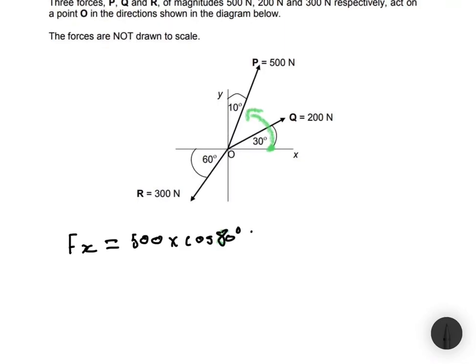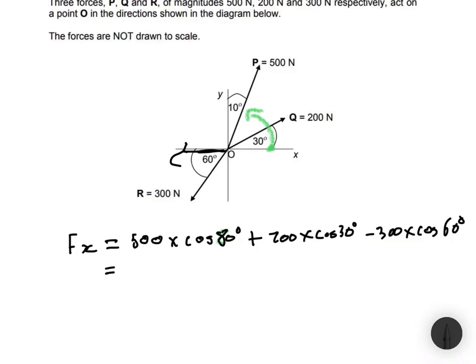And then plus, let's move to Q. That is 200 newtons multiplied by, that one is pretty much straightforward, cos of 30 degrees, right? And then now we have R, which the x component is in the negatives. So we're going to put a minus sign there so that we can account for that. So we're going to have minus 300 multiplied by cos of 60 degrees, right? If I put this in my calculator, I'm going to find my horizontal component.